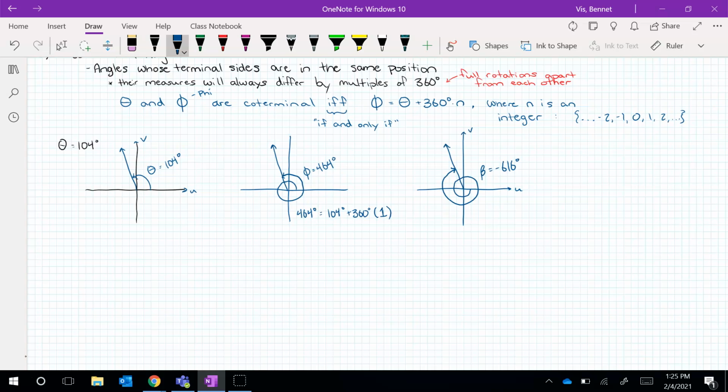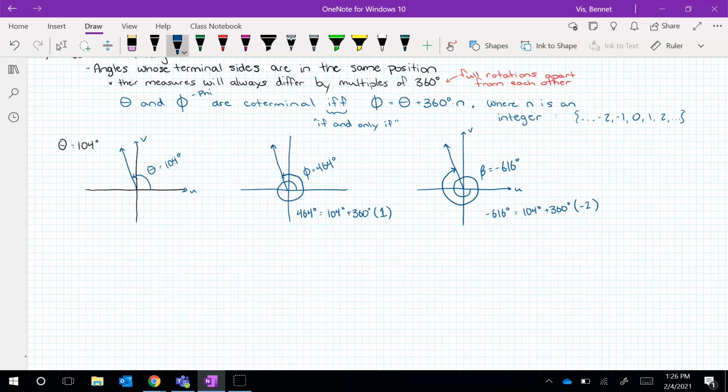And I know that these are coterminal because negative 616 is 104 degrees plus 360 times some multiple. In this case, the multiple is negative 2. I always have a plus here. I don't do plus or minus there. I just know that my n, my multiples of 360 away from that original angle, could be positive or could be negative.